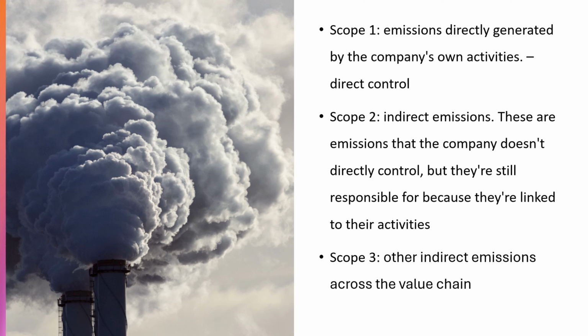When we look at scope 3, they are all other emissions that are not in scope 1 and 2. So they are indirect emissions across the value chain and across the supply chain. We're looking at business travel. There are businesses that contract their transport, logistics and distribution parts.